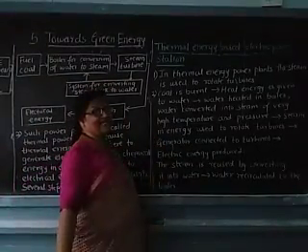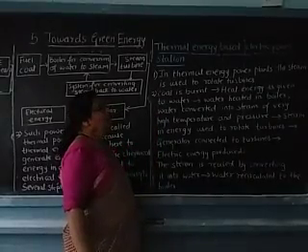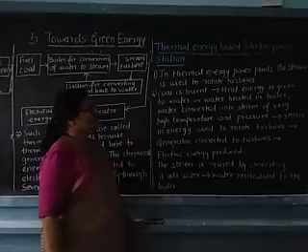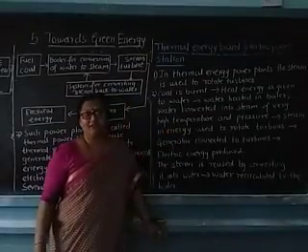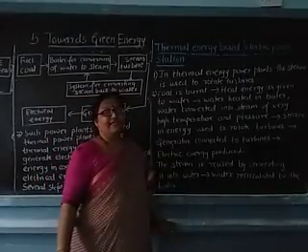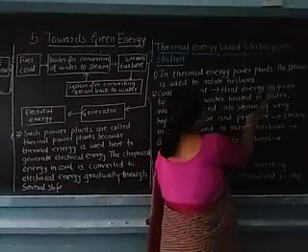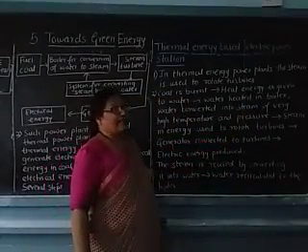Now what is done actually here? In this thermal power station, the actual process is as follows. See here, first the coal is burned. Here the coal is lighted. By this we get the heat energy. Whenever we get the heat energy, this heat energy is given to water.